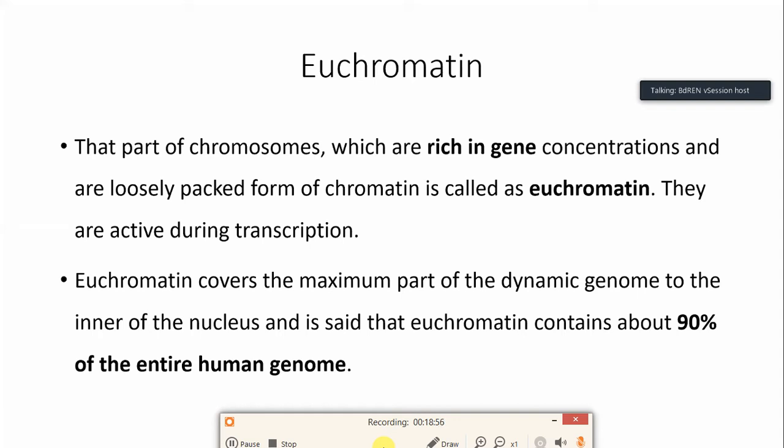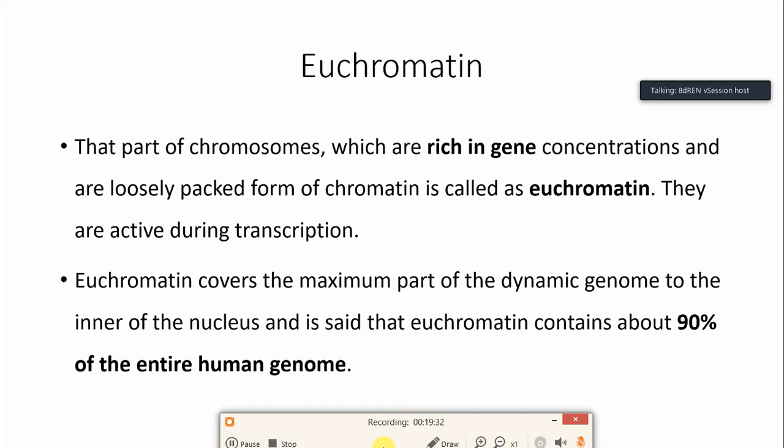So in the previous one, heterochromatin is not active in transcription or not friendly in transcriptional activity. But euchromatin is active in transcription. That means it can produce from DNA to messenger RNA, from messenger RNA to protein, or you can say amino acid. Okay.